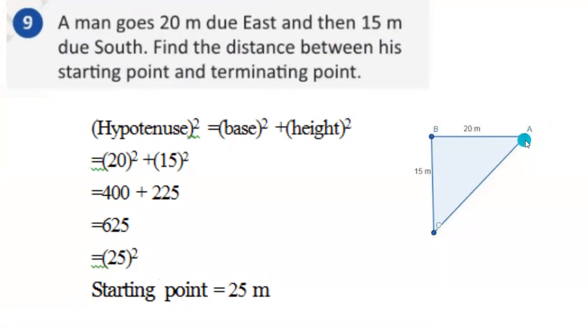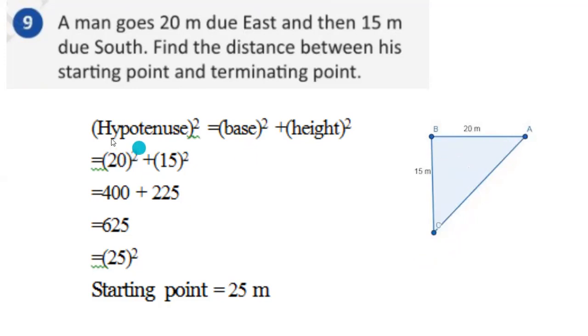The man is standing here and moves towards the east 20 meters, and from there he turns towards the south 15 meters. They have asked us to find the distance between the starting point and the terminating point. The terminating point is where he stopped. Here we know it is a right angle, so opposite to that is the hypotenuse.